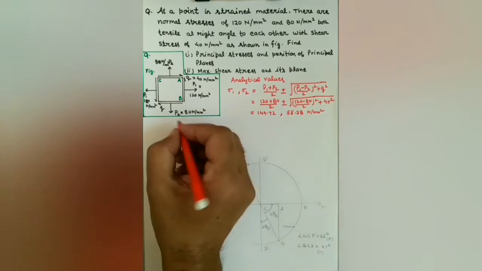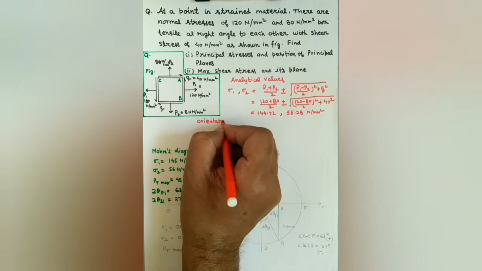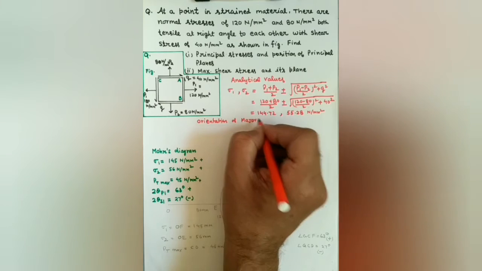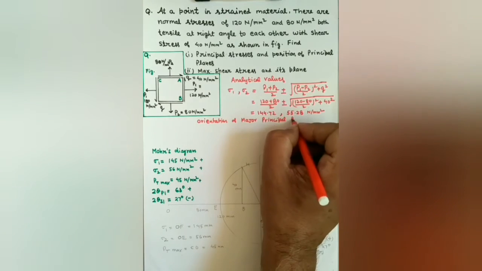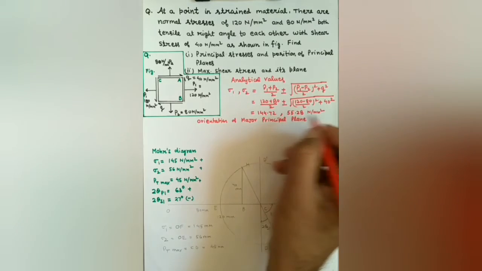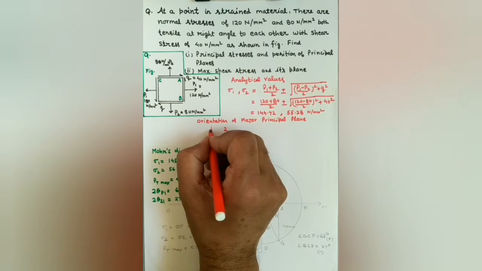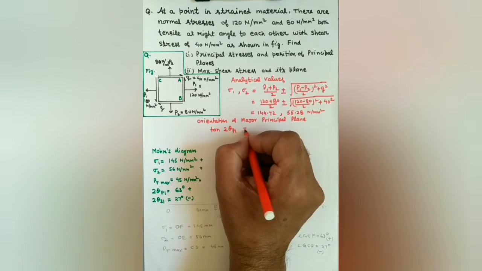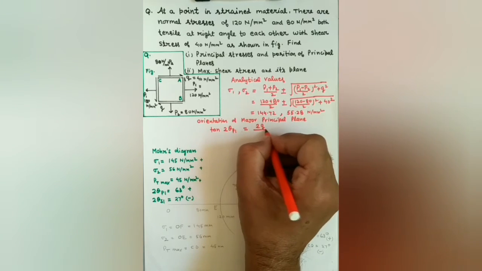Now orientation of the major principal plane is given by tan 2 theta P1, that is the twice of the angle theta P1, is equal to 2Q by P1 minus P2.